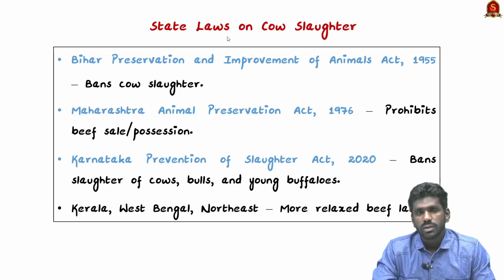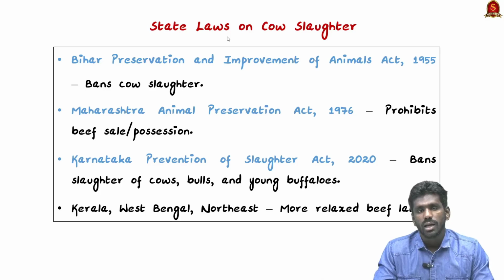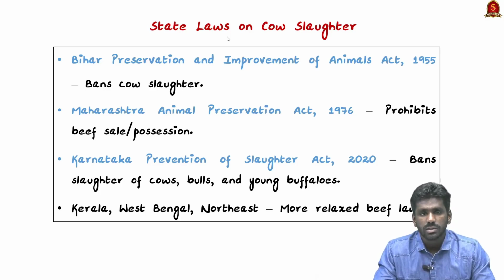Karnataka Prevention of Slaughter and Preservation of Cattle Act 2020: this act bans the slaughter of cows, bulls, bullocks and even buffaloes if they are under 13 years of age. Some states like Kerala, West Bengal and some northeastern states have relaxed laws and they allow beef consumption. So these are the varying laws across various regions regarding cow slaughter.